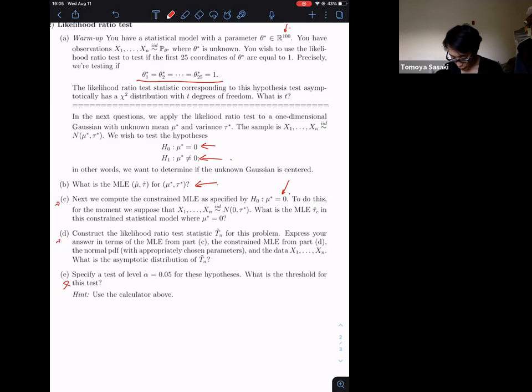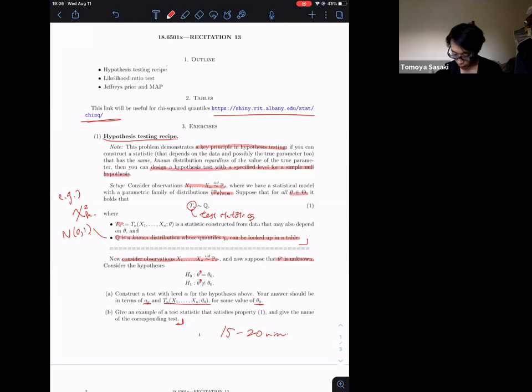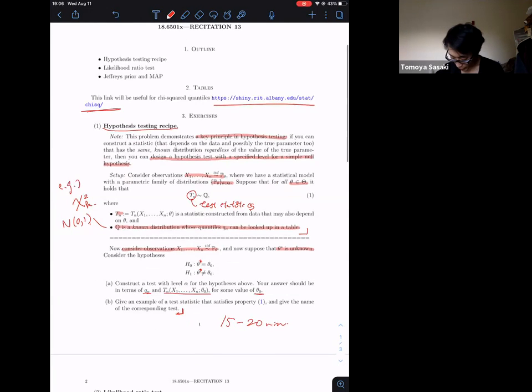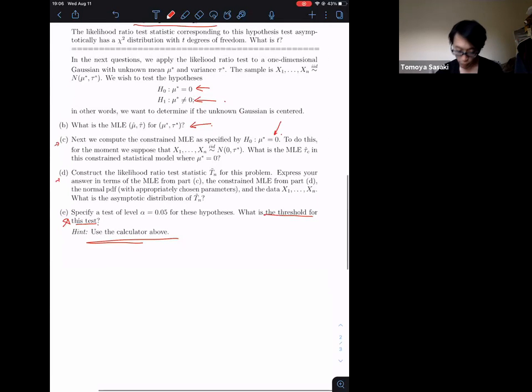The last question is to use a threshold for this test. You're of course free to use this calculator for the chi-square distribution, but if that's too much, you can just explain what you need to do and what values you need to look at on the table, if you were to see a chi-square distribution table.